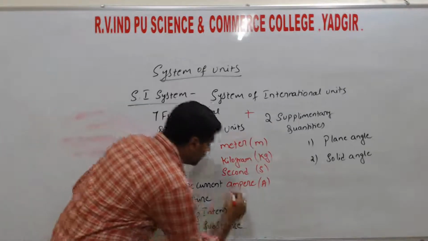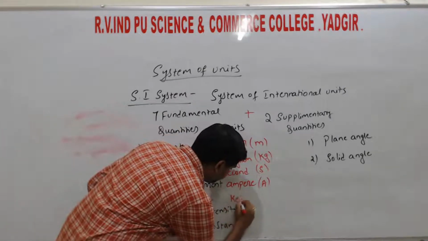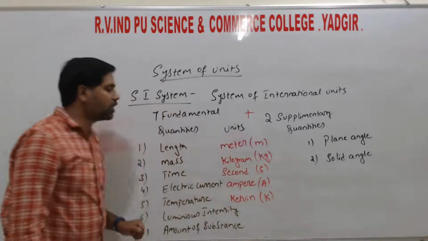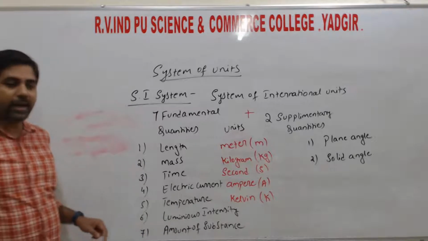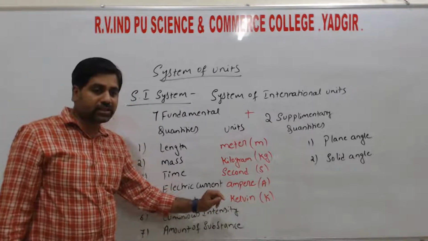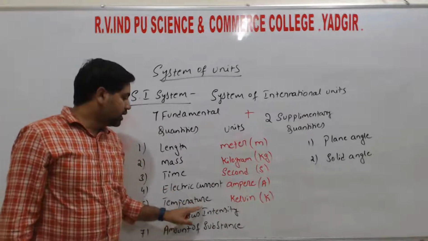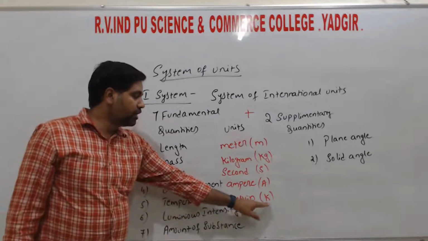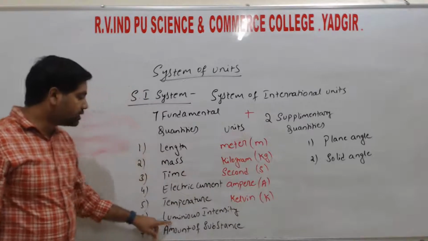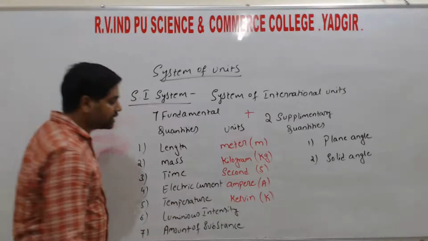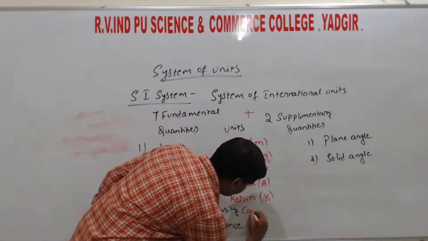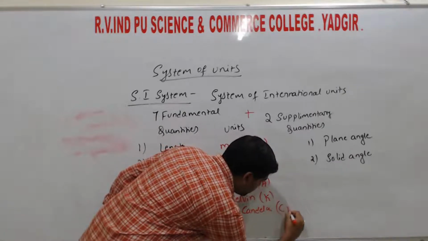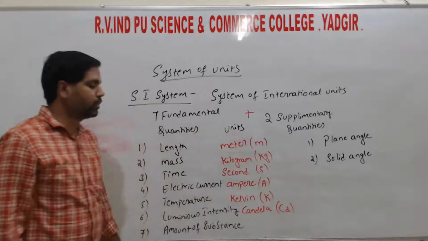Next, temperature, that is Kelvin. Kelvin also starts with a small k and is denoted by K. Kelvin is also a scientist's name. So temperature is measured by the unit Kelvin, and the unit symbol is K. Next, luminous intensity, that is candela, denoted by capital C, small d.